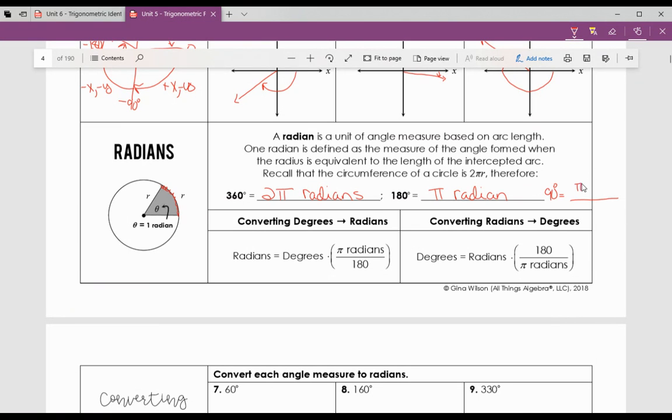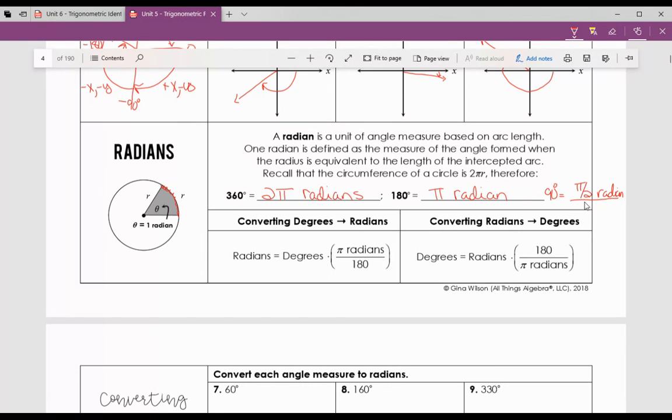1/2. So pi over 2 radians. Okay, so that explains the radian equivalent for your 360 degrees full circle and your half of a circle, and then a quarter of a circle.